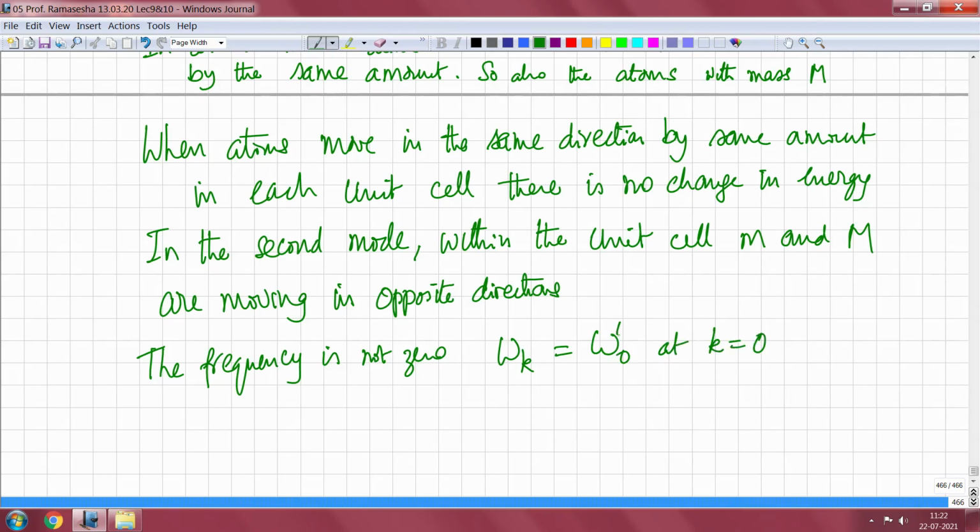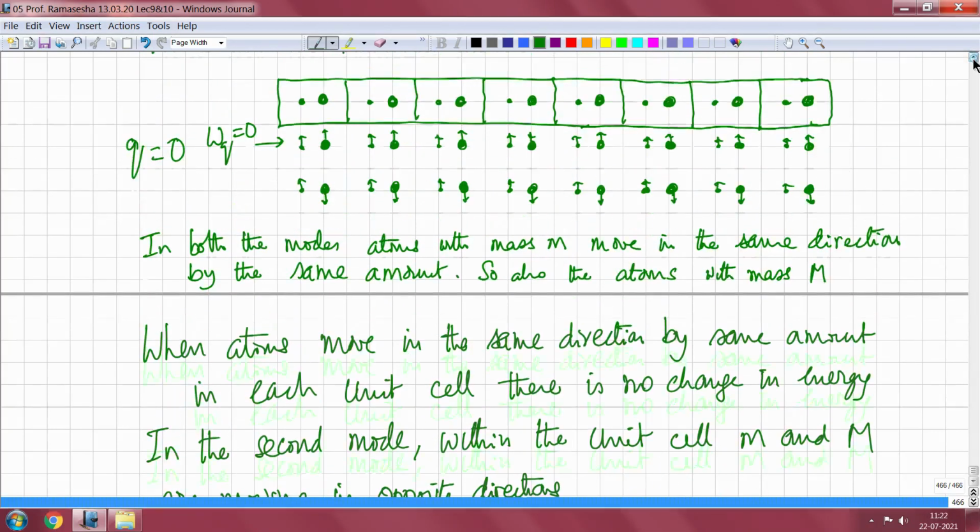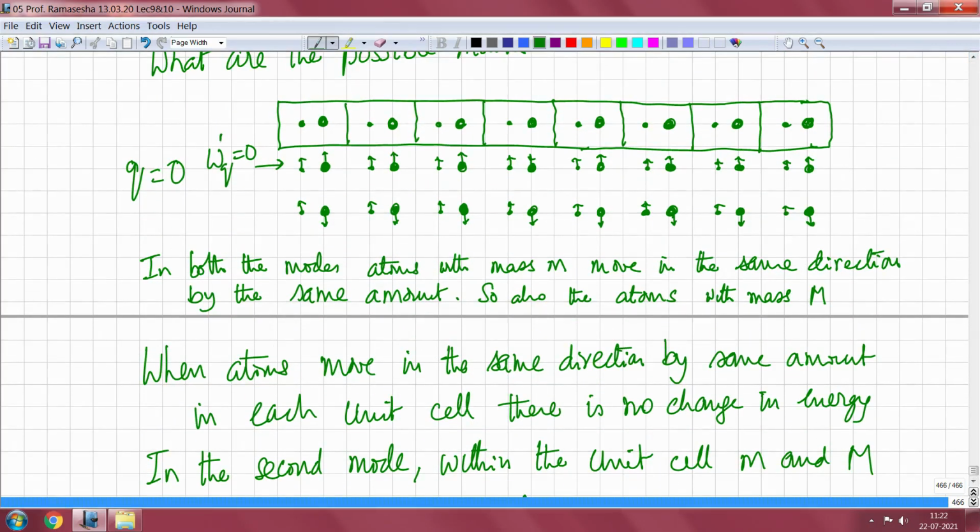This I will call the optic branch, and this one where the frequency goes to 0, I call the acoustic branch.